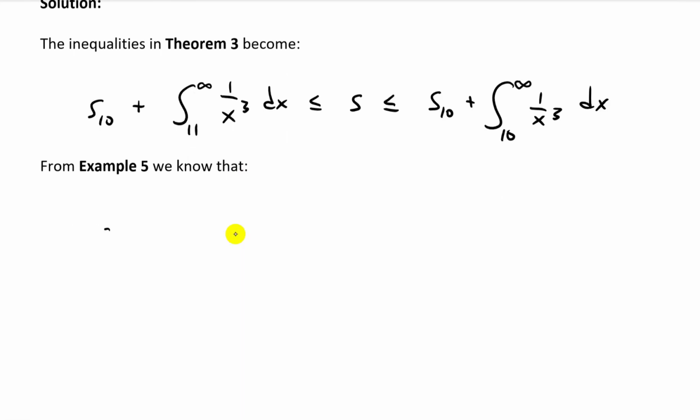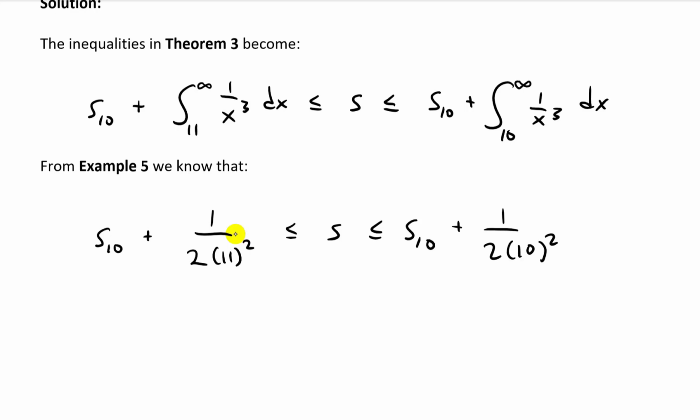So we get S10 plus 1 over 2 times 11 squared, which is less than or equal to S, which is less than or equal to S10 plus 1 over 2 times 10 squared, like that. So yes.